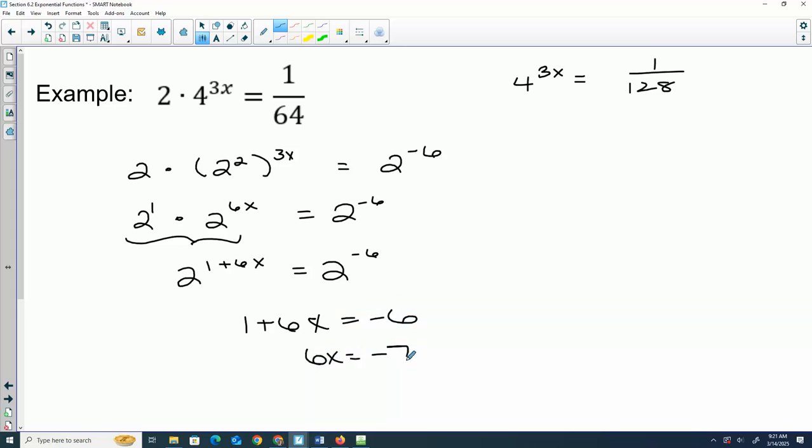So 6x is -7. And x is -7/6. Does anyone need to look at their paper and figure out where they went wrong?